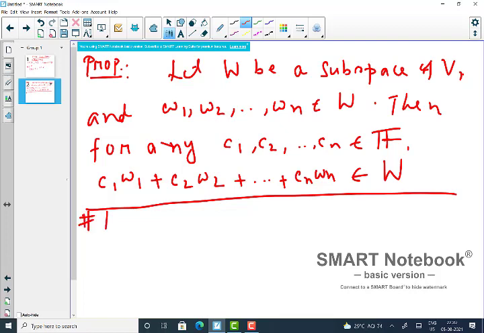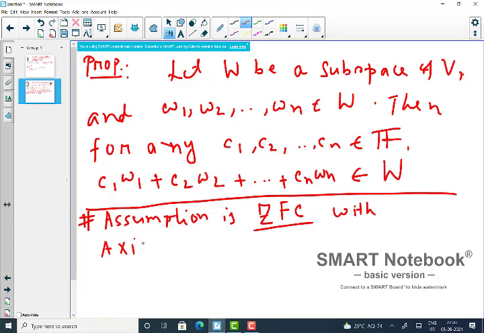My assumption is ZFC, meaning Zermelo-Fraenkel set theory with choice, with the axiom of choice. And it is known that the axiom of choice is equivalent to mathematical induction and many other equivalent forms.